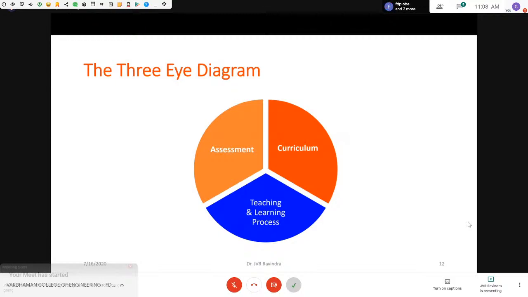You assess the students. You just conduct a small quiz. That's what I'm calling a formative assessment. There are two types of assessments: FA and SA, formative assessment and summative assessment. For the formative assessment, let us concentrate more. Then your TLP will become very strong.